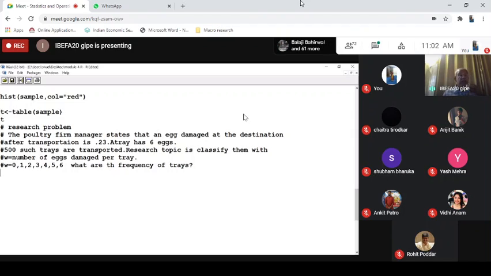Any question on the research? How many of you follow the topic? There will be one tray. One tray has 6 eggs.